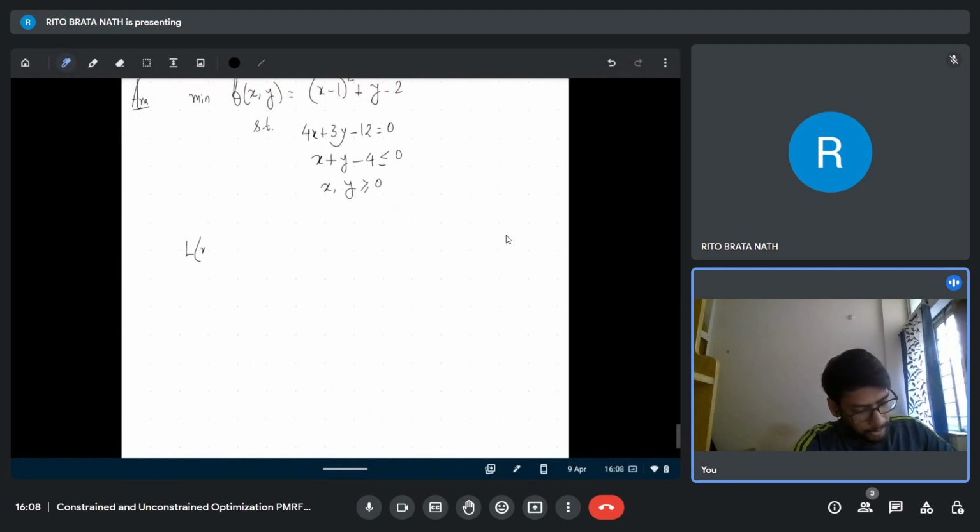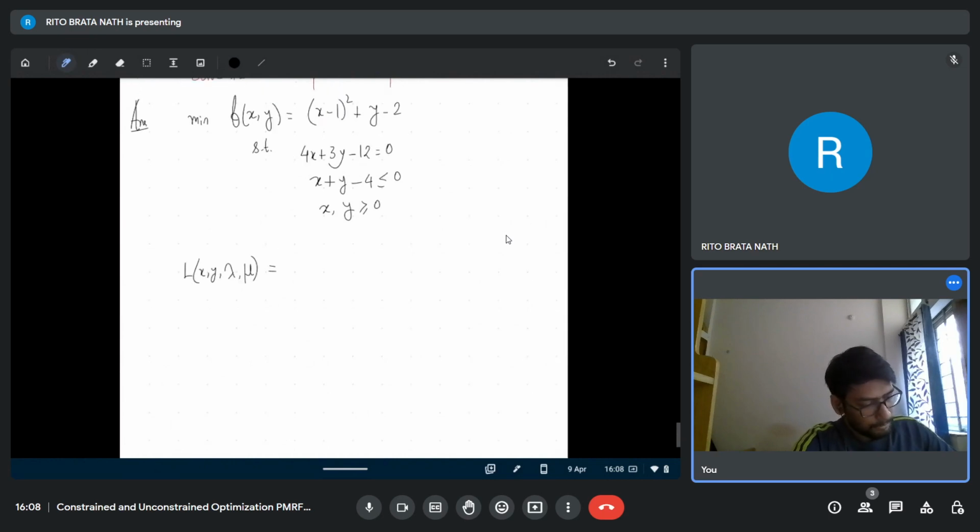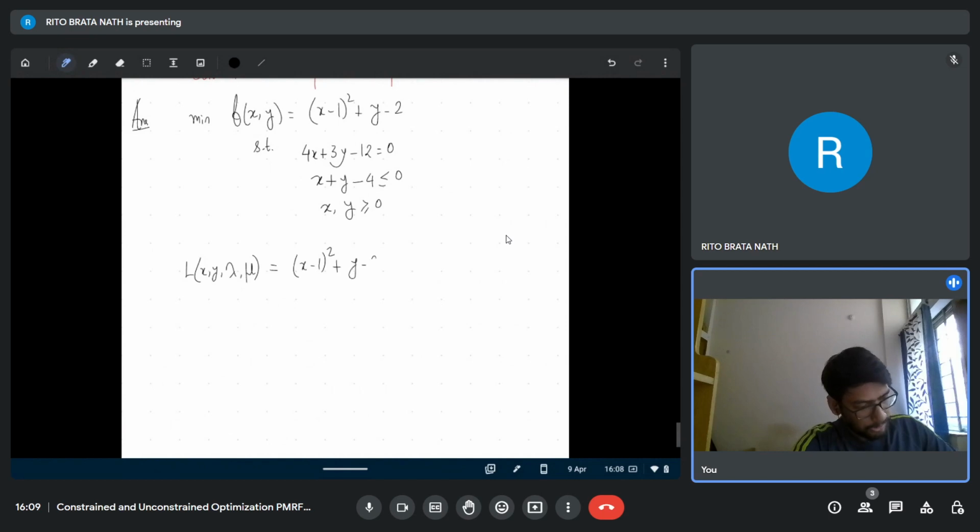So we can write L(x, y, lambda, mu), since you have four things, right? Because one is an equality type constraint. So let me write it in terms of mu: 4x plus 3y minus 12, plus lambda.